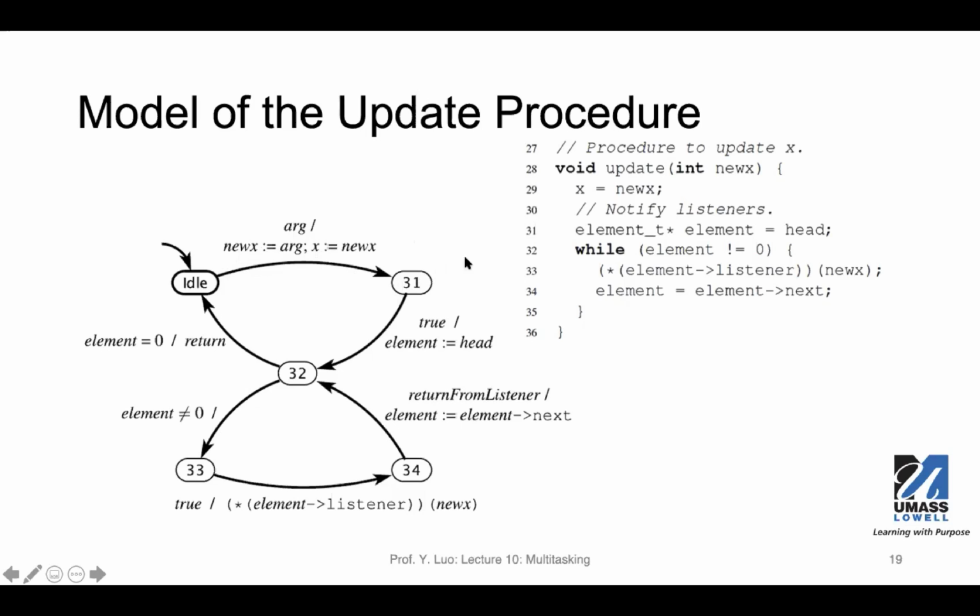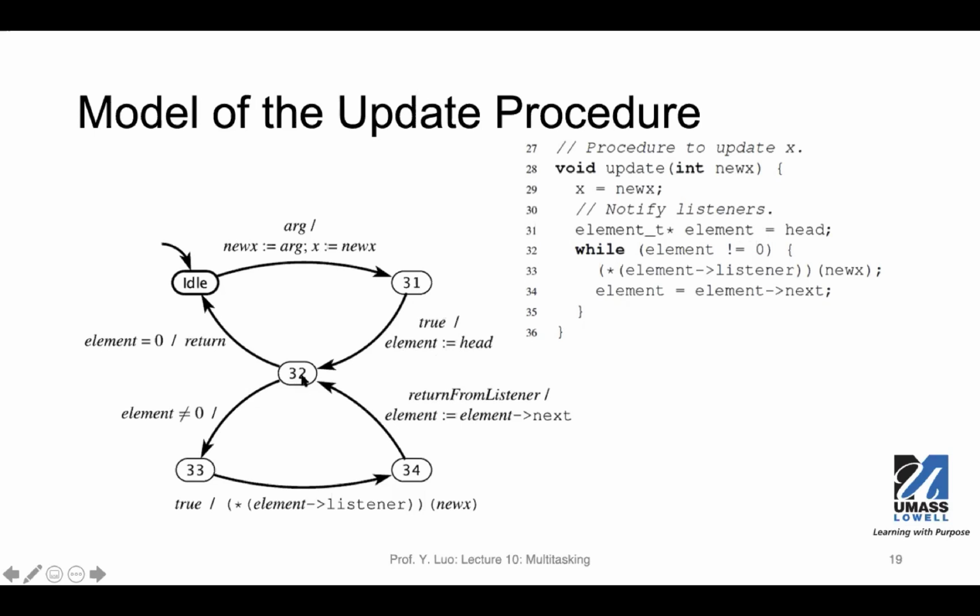Then we move on to line 31. Line 31 is where we assign element to the first node on the linked list. That's always going to be true. It will finish that line, and the action is to assign the head pointer to this element.